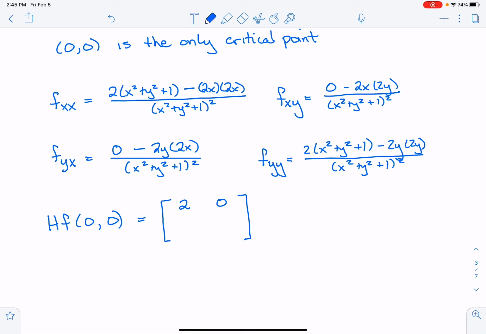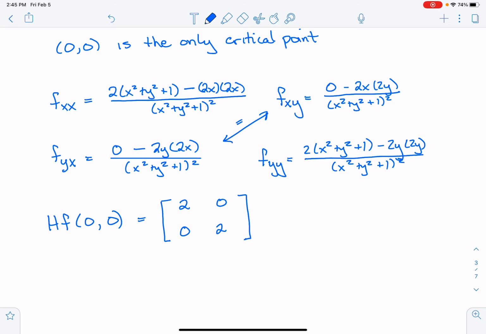Okay, notice I get 0 again. Those mixed partials are equal, not just at 0, 0, but everywhere. You can note that these two are in fact equal. And then when I substitute 0 in for the second derivative of f with respect to y, notice again I get 2 minus 0 over 1. Okay, so it's just the matrix 2, 0, 0, 2.